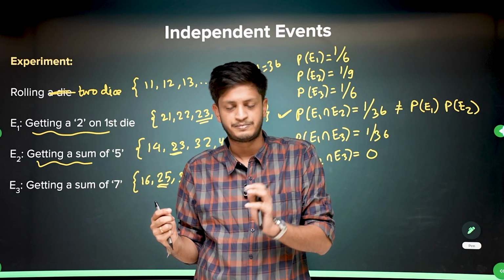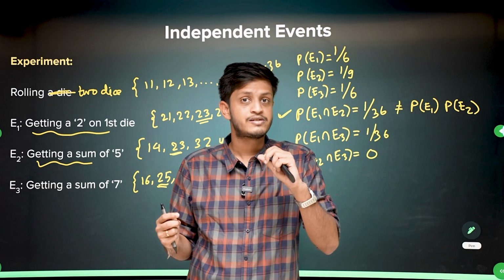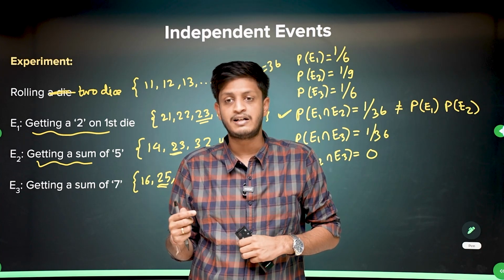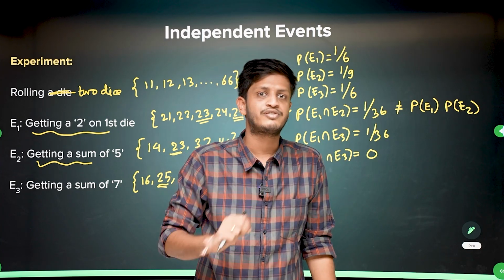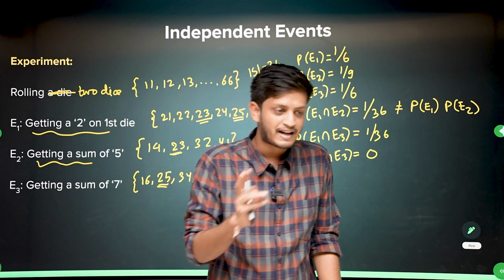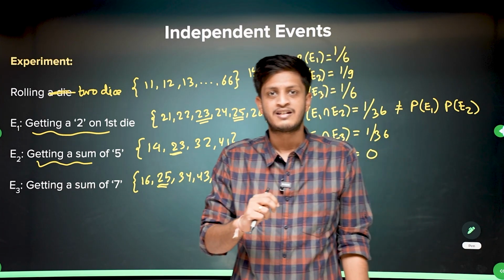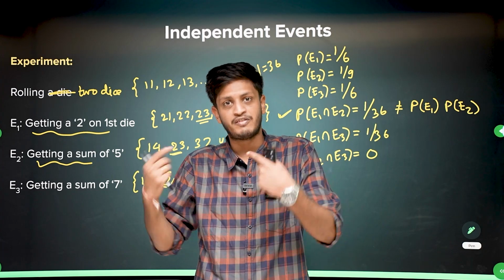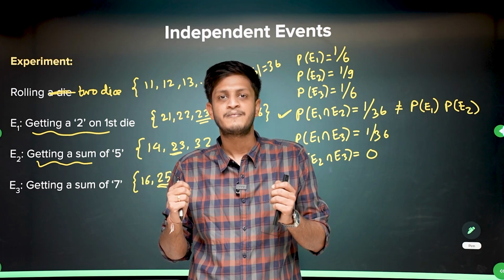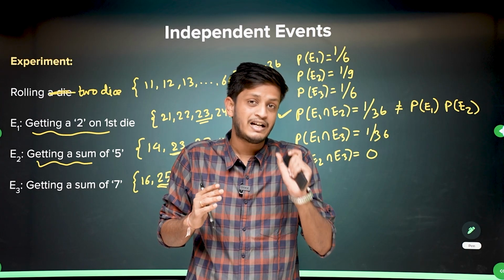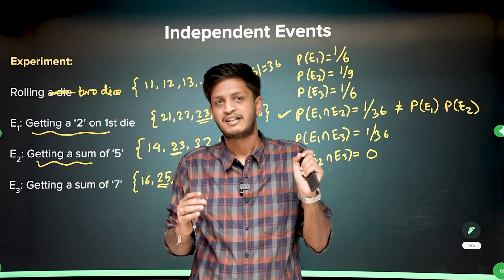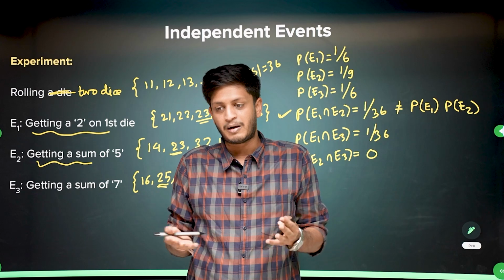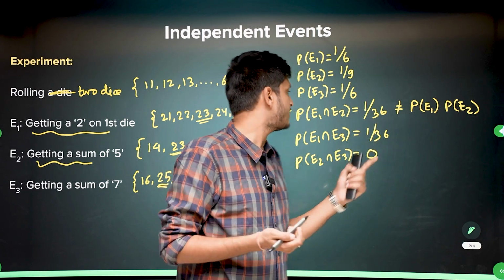But now event E1 says it is guaranteed that you get a 2 on the first die. Since that is guaranteed, the probability of event E2 increased. Why? Because it is definite that you cannot get a 5 or 6 on the first die. You can see that as well, right?